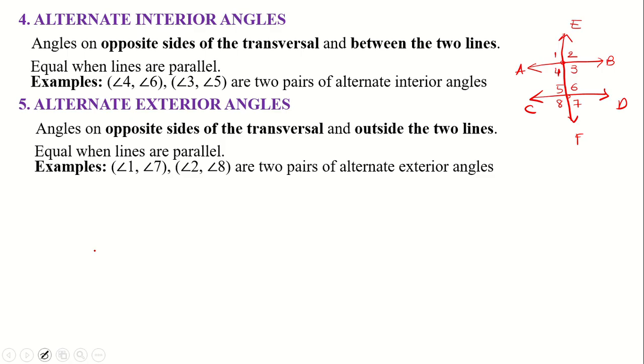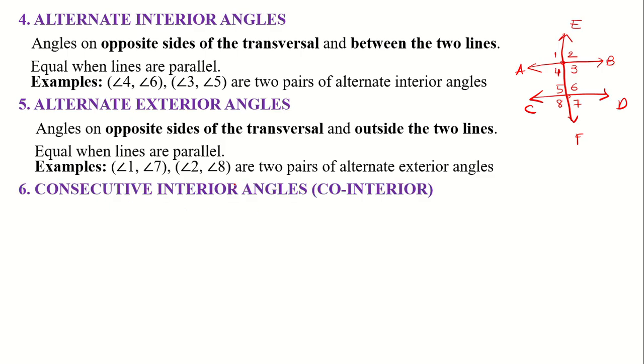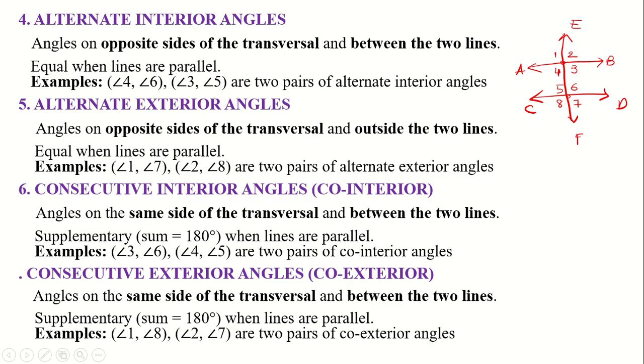Next, we have consecutive interior angles, or they are also called co-interior angles. These are angles on the same side of the transversal and between the two lines. Okay, what are co-interior angles? In this also we have pairs of angles. Co-interior angles are those angles that lie on the same side of the transversal. As you can see here, what are the interior angles here?